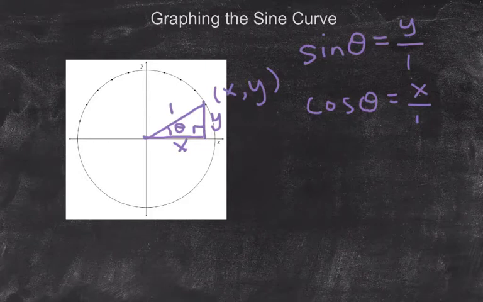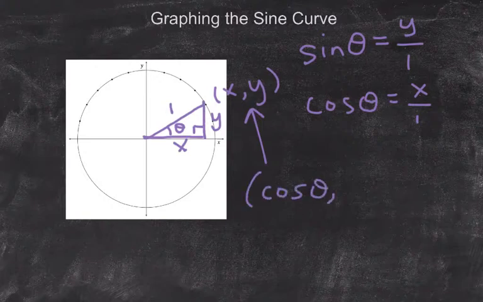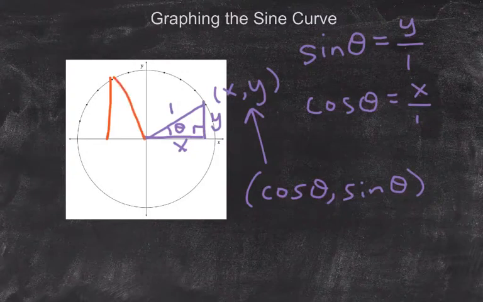So this tells me that the coordinate point (x, y) for any of those points around the outside of my circle is (cosine of theta, sine of theta). We're going to be talking about the sine curve today, so we're interested in the length of the height of those triangles for any theta.